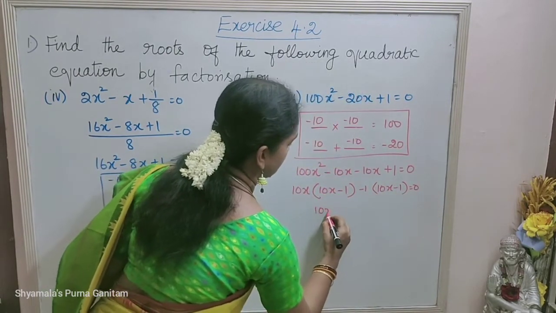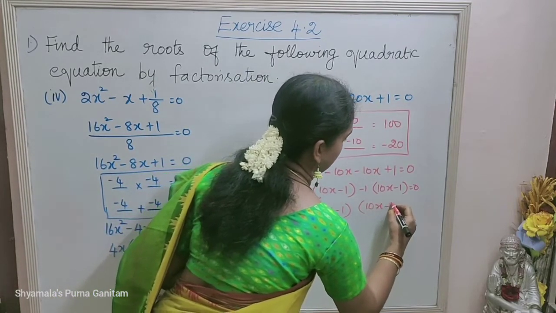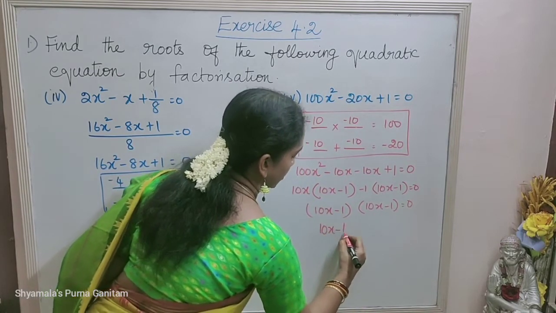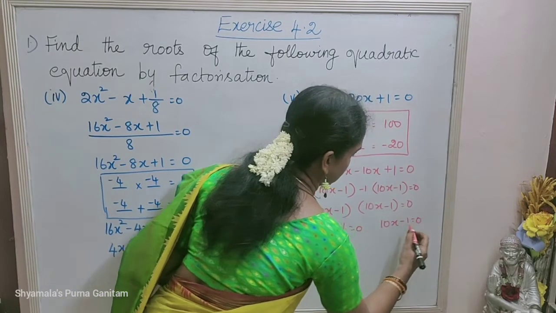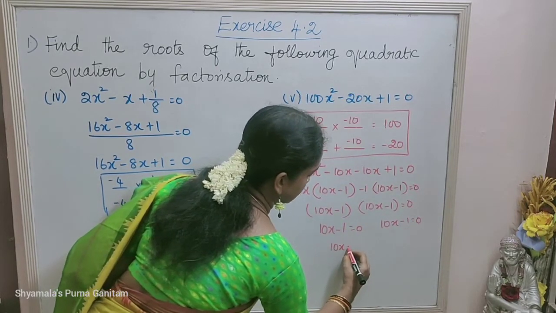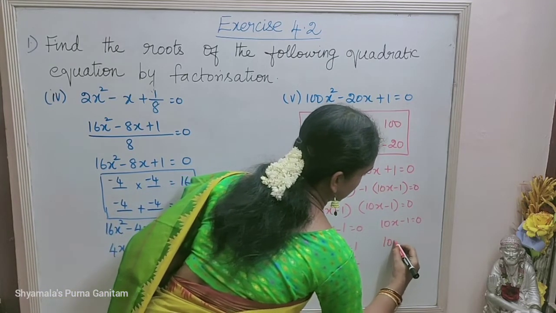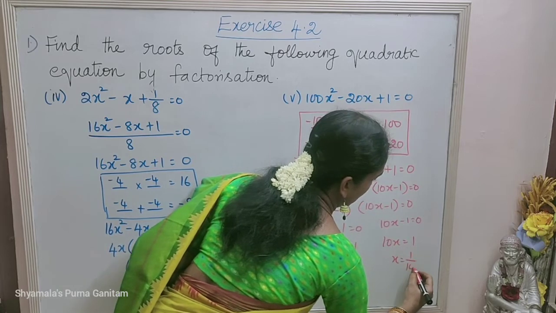So here also the same thing as the previous one. Two same factors you are getting. 10x minus 1 and 10x minus 1 is equal to 0. So 10x is equal to 1 and x is equal to 1 by 10. Here also 10x is equal to 1 and x is equal to 1 by 10.